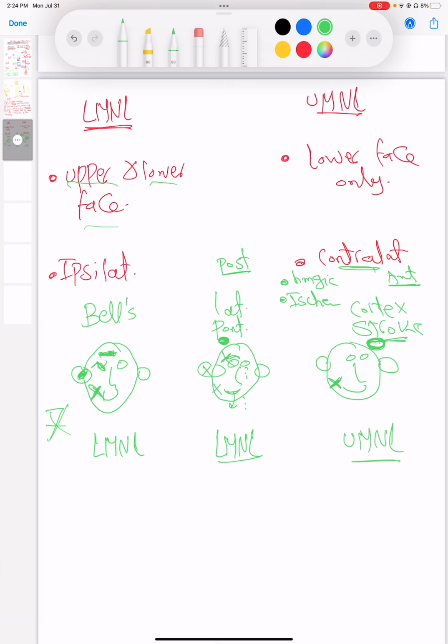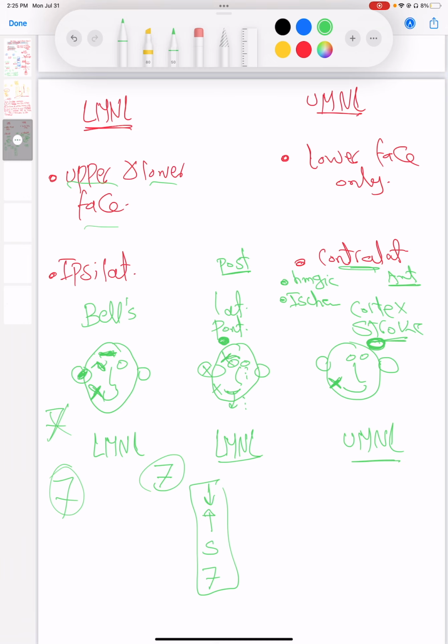If both involve cranial nerve 7 lesions, how can you differentiate? Actually, you can differentiate because here we have descending, ascending, sympathetic, and cranial nerve 7, but here you only have cranial nerve 7. So in Bell's palsy, you only have facial symptoms, cranial nerve 7 lesion symptoms.